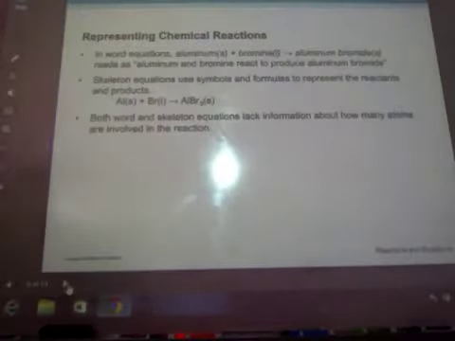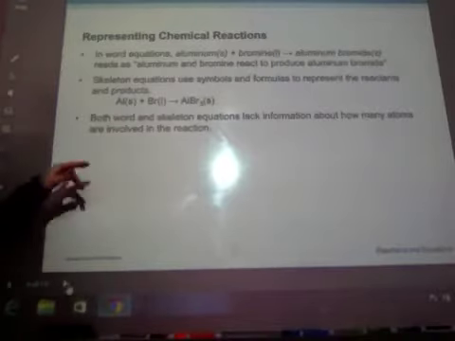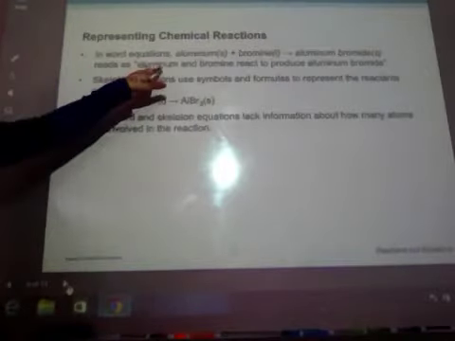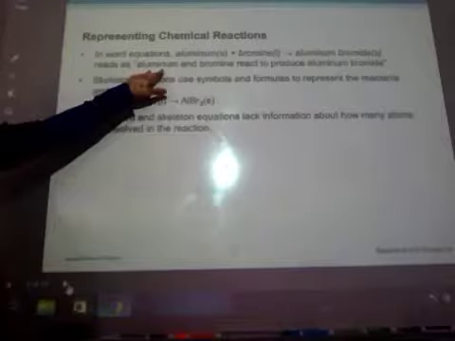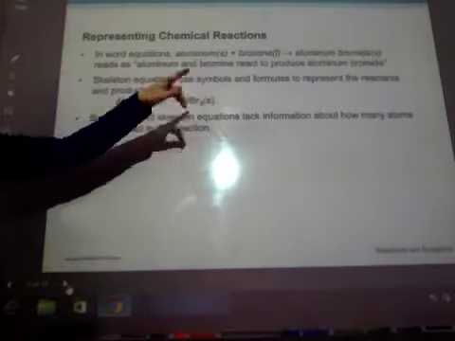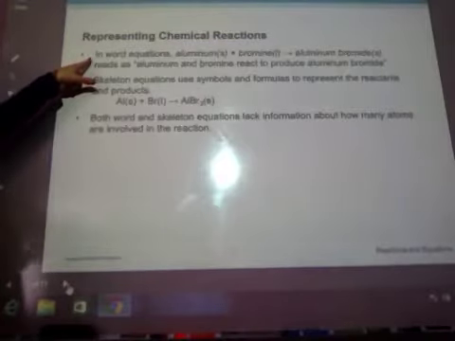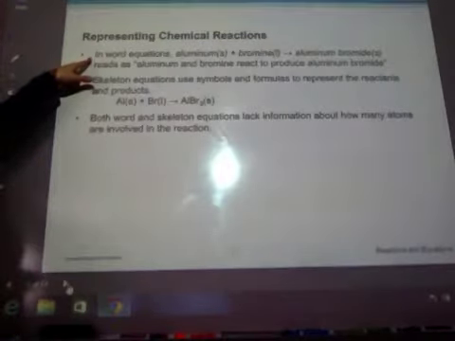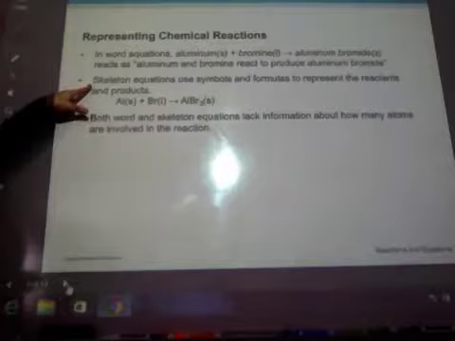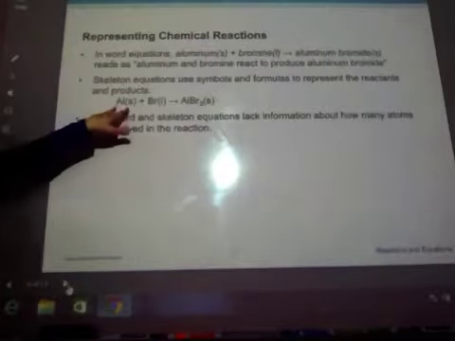In word equations, if I write out the whole thing, we're going to simply read what's there. So aluminum and bromine react to produce aluminum bromide. That should make sense. Skeleton equations, we're going to use the symbols.